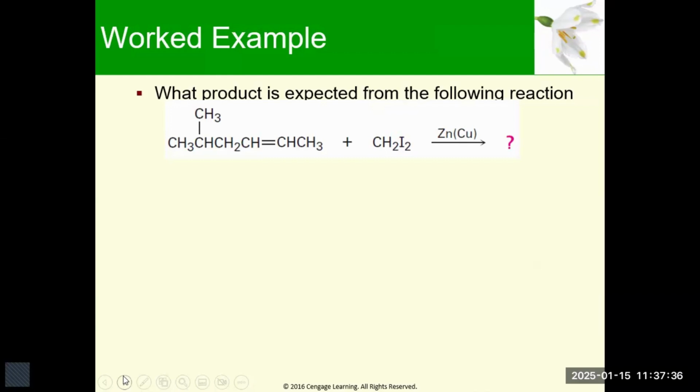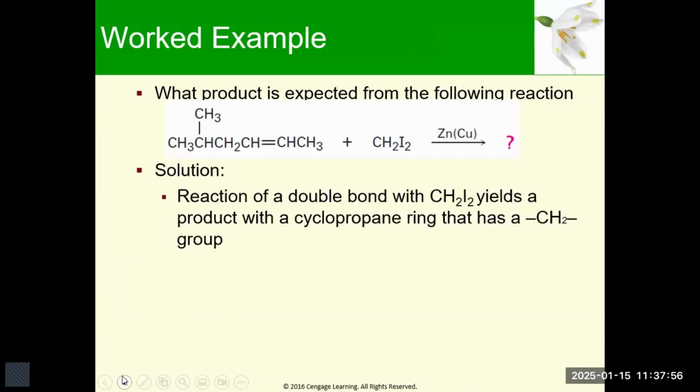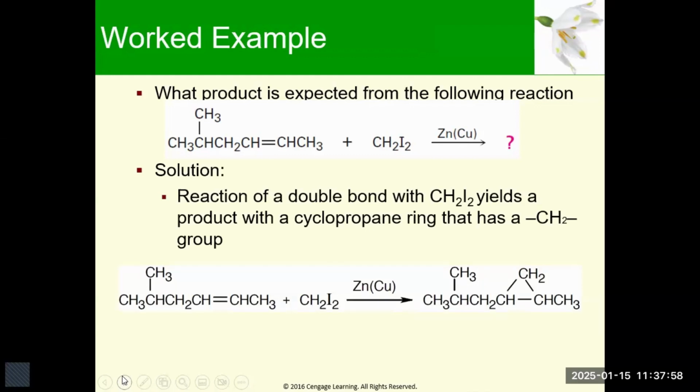All right, so what will be the product of this reaction? The Simmons-Smith reaction. You find your double bond, and you know that double bond is going to create a what? A cyclopropane. So let's see how we do it.